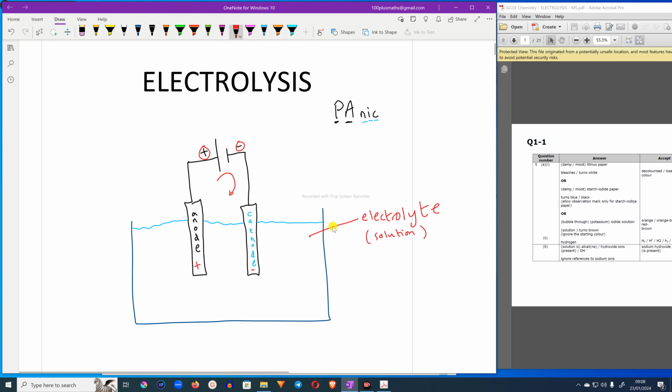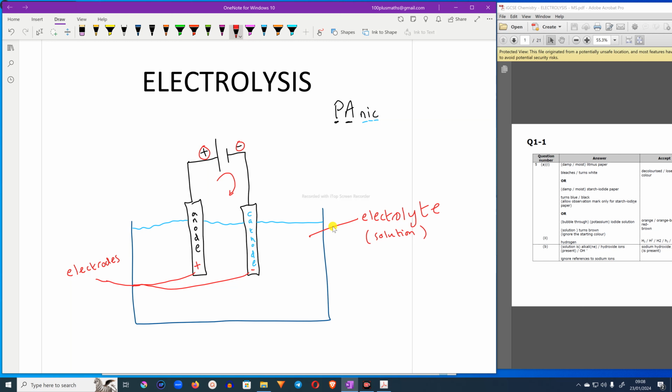Right, then we've got them two. They are called electrodes.